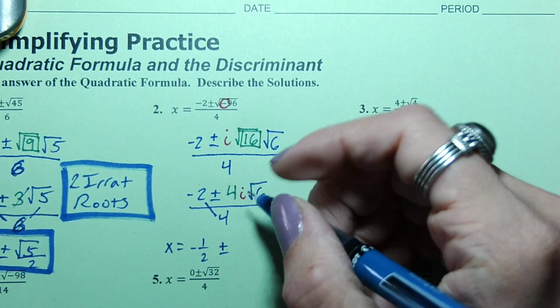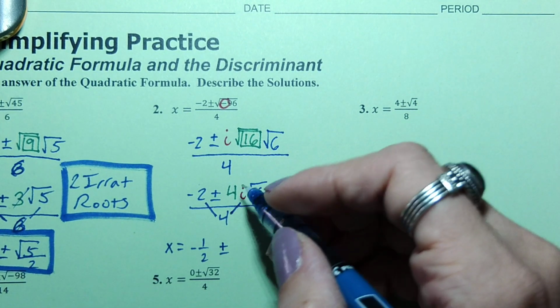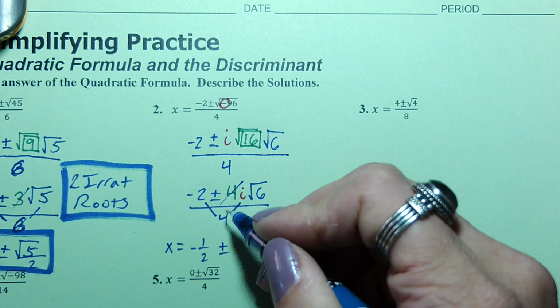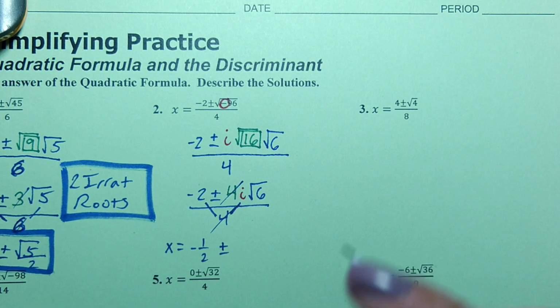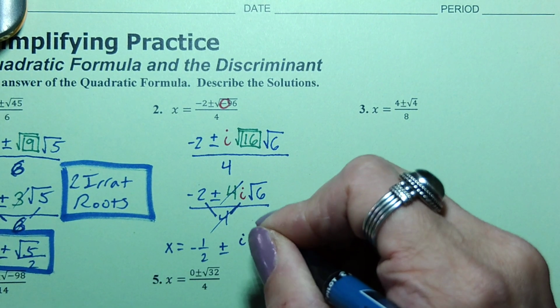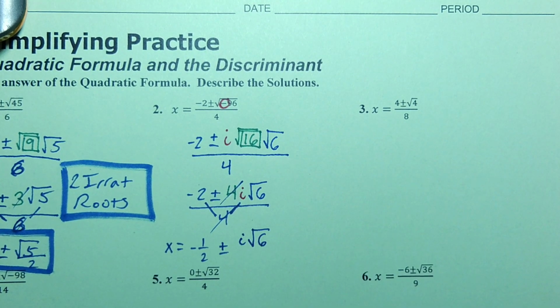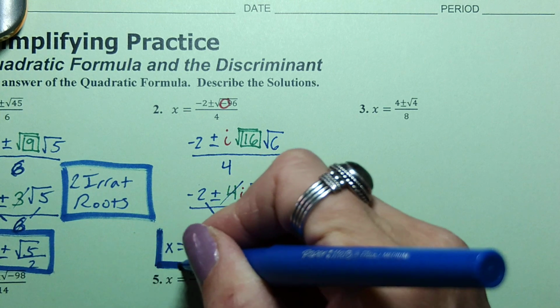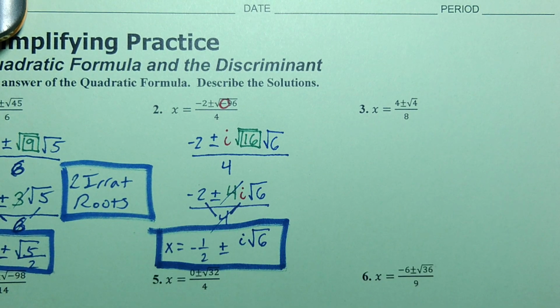Plus or minus, when we divide the right side by 4, I can take out that coefficient of 4 with the 4 in the denominator, and that gives me I radical 6. And those would be my solutions. Negative 1/2 plus I rad 6, negative 1/2 minus I rad 6.